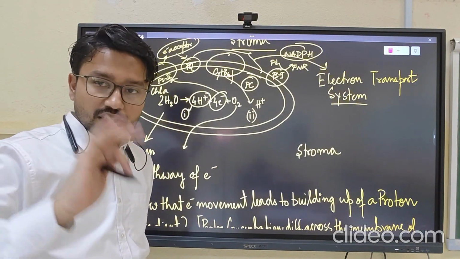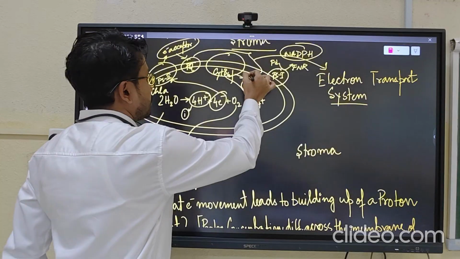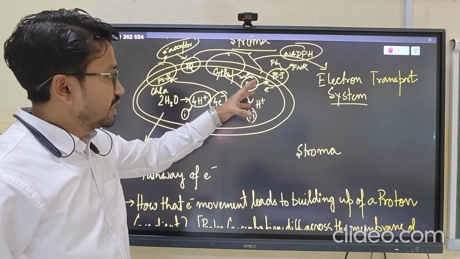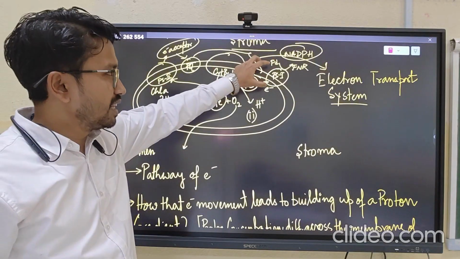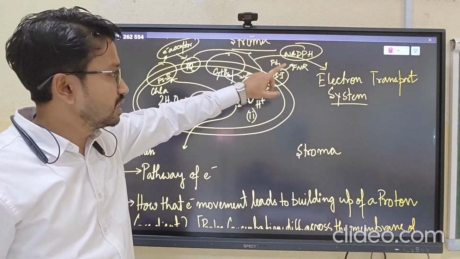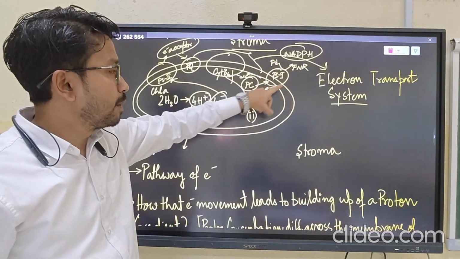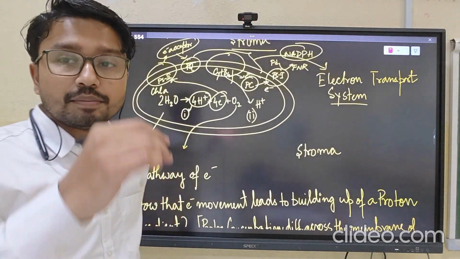The third most important thing is that as this electron is passed to plastocyanin, and then to PS1, PS1 takes up the electron with the help of ferredoxin, which is not an enzyme but a compound present there, and FNR, ferredoxin NADP reductase, which is an enzyme. With the help of that, it will synthesize NADPH plus H plus.